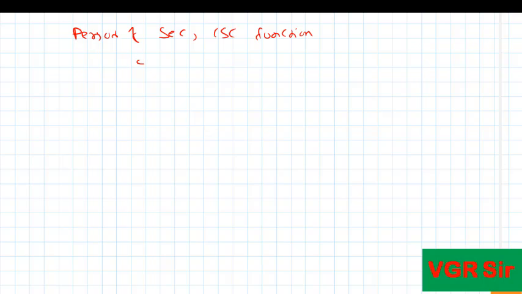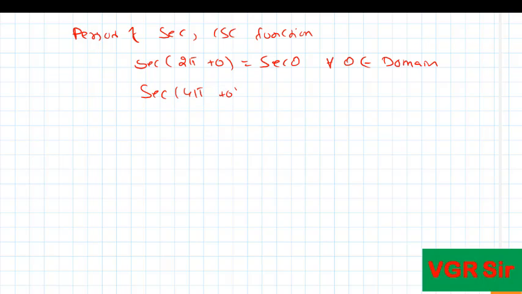I will write it. Secant of 2 pi plus theta equal to secant theta, for every theta belonging to the domain. Actually you need to write the domain. Secant of 4 pi plus theta is also secant theta only, and so on. Cosec of 2 pi plus theta equal to cosec theta.